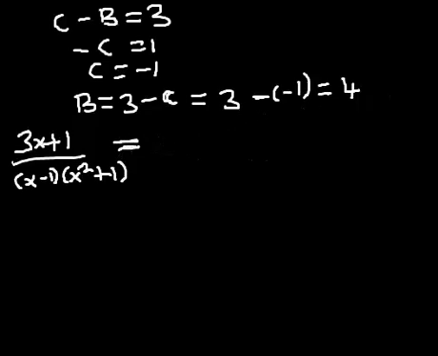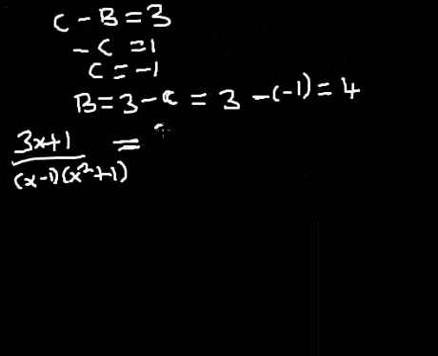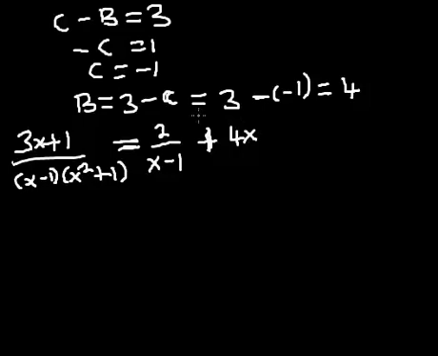My a is 2, right? I have 2 all over x minus 1, then plus bx plus c. b is 4, so 4x, and c here is minus 1. So 4x minus 1, all over x square plus 1.